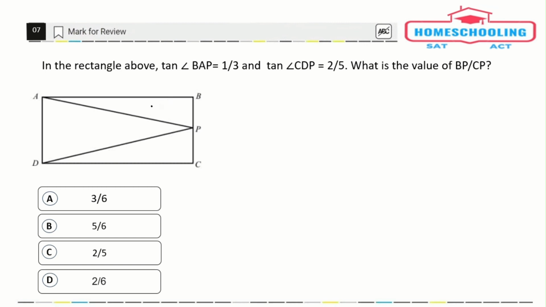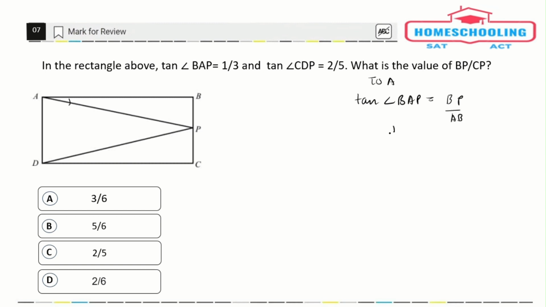In the rectangle, tan angle BAP is 1 by 3. So as we know, SOHCAHTOA, so tan angle BAP is opposite. Opposite to this angle is BP, by adjacent, and adjacent is AB.